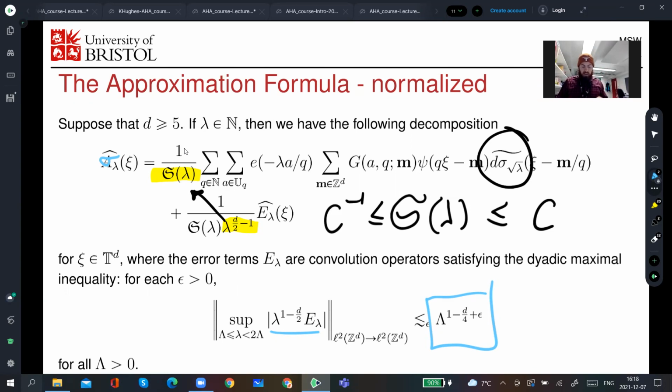And so this big lambda, I can take it as, say, being powers of 2, and I can sum up now over all those powers of 2 to show that the whole maximal function for E of lambda is bounded on L2. We'll use that in a bit.